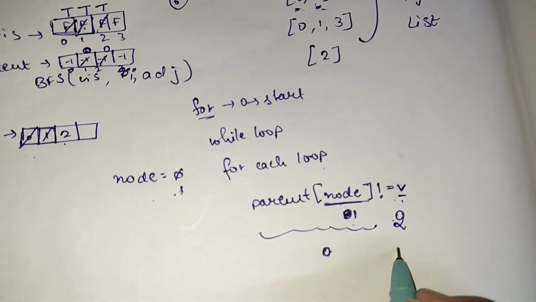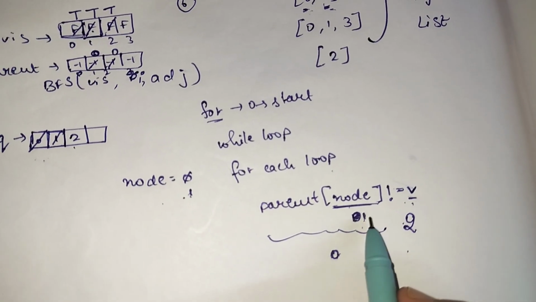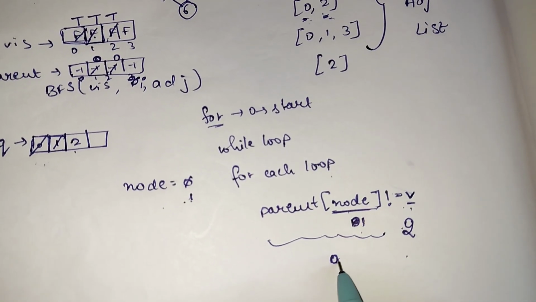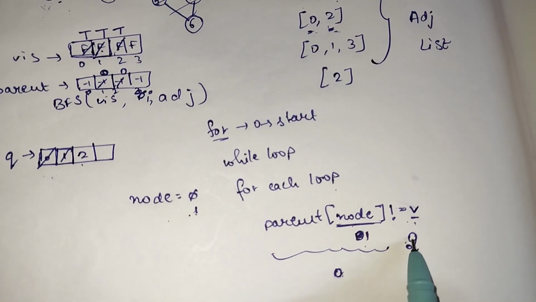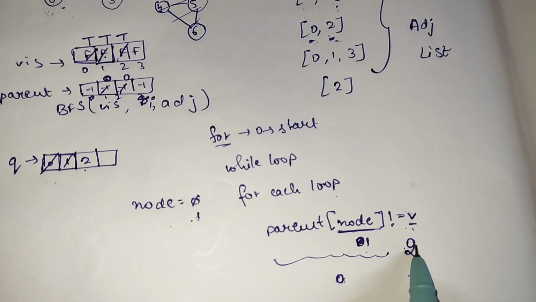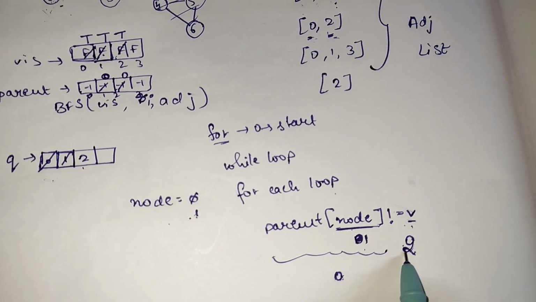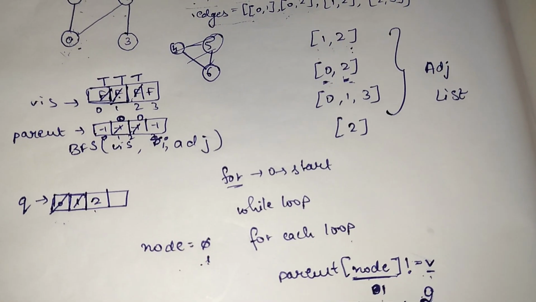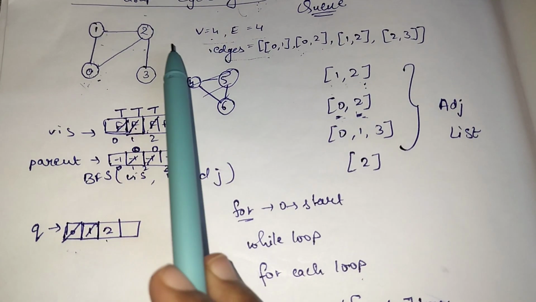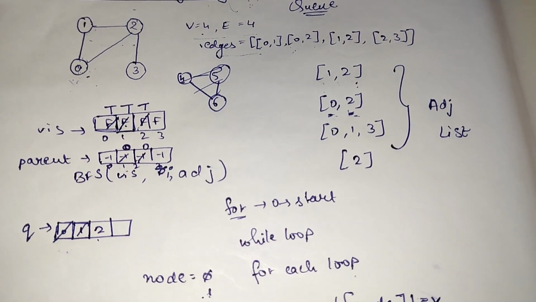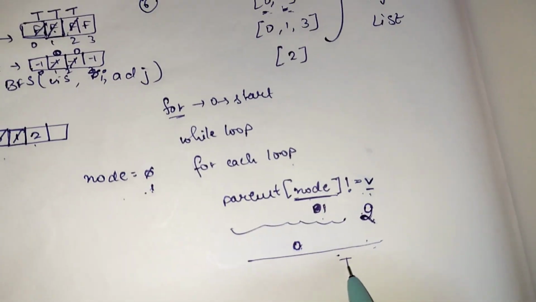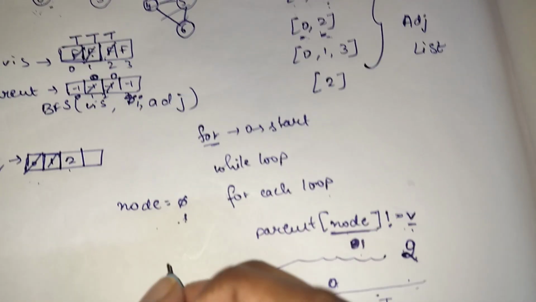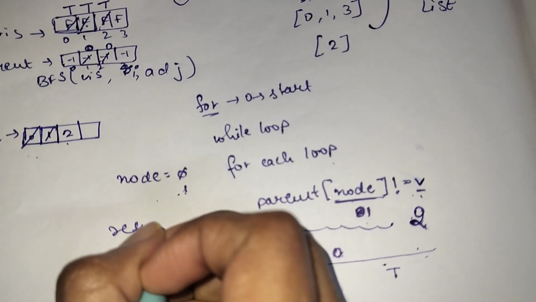That means from 0 it started, it connected to 1, and after that there is one more connection from 2, which has already been visited because 0 had a connection with it. Since this condition became true, that means a cycle is present, and then we are going to return true.